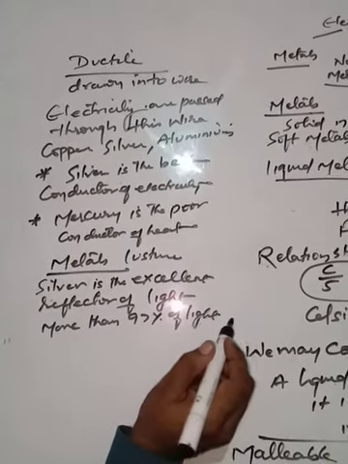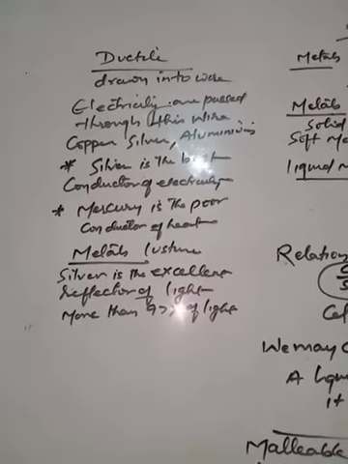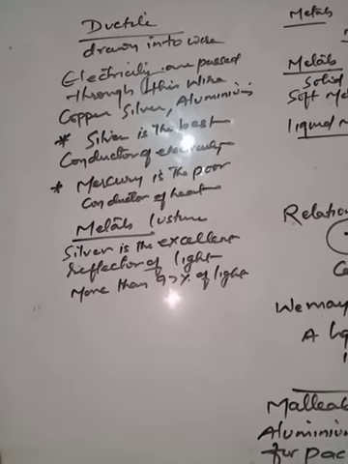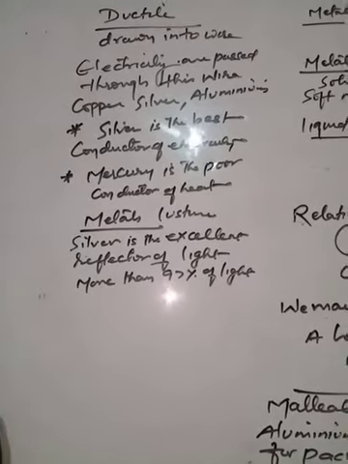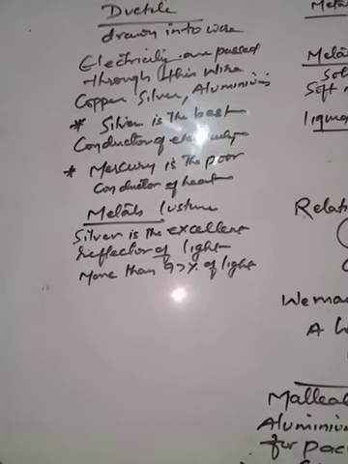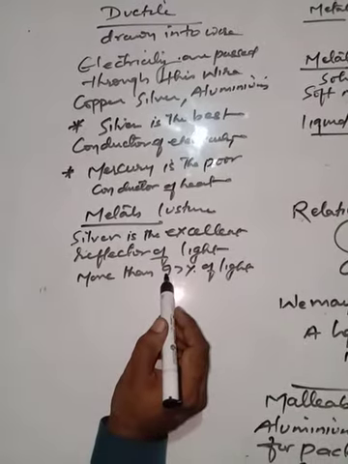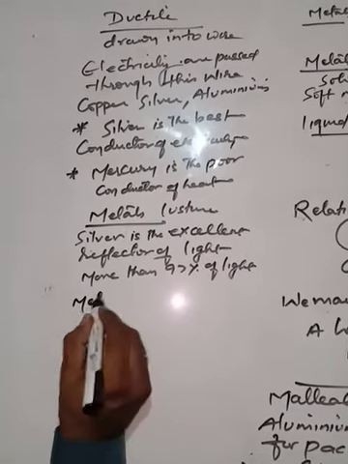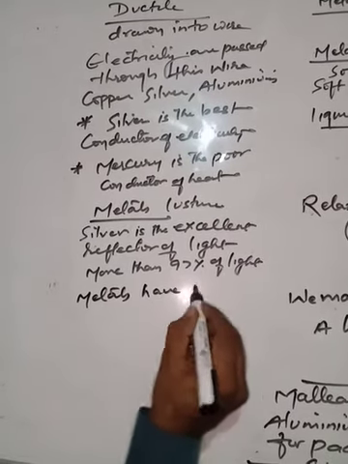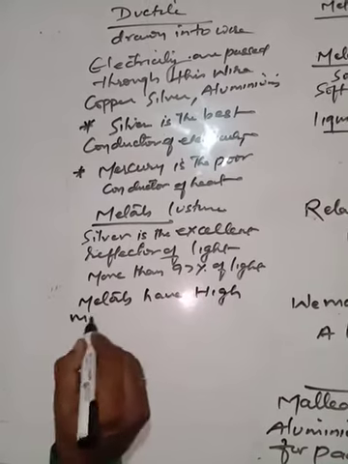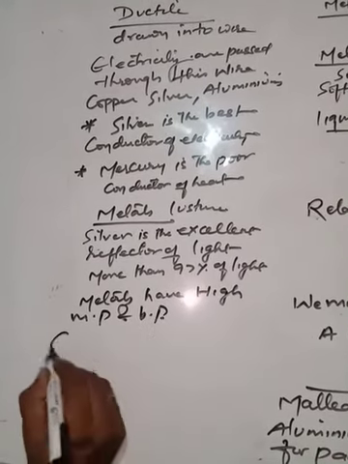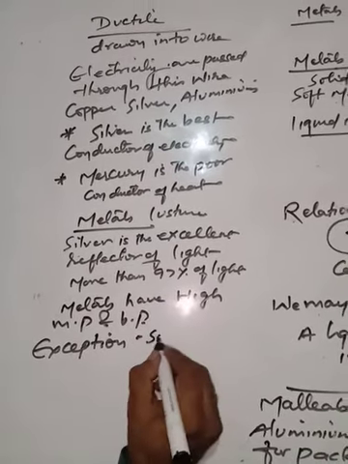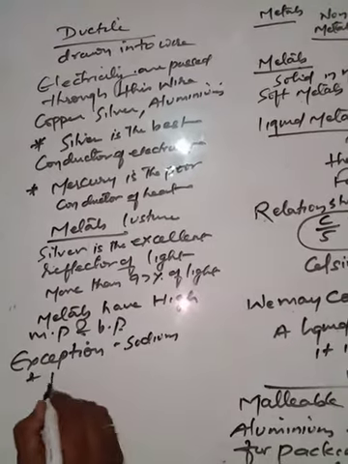Metals are generally hard, but we talked about the soft metals. Metals are generally strong. They have strong tensile strengths. Generally metals have high melting point and boiling point, except the soft metals sodium and potassium.